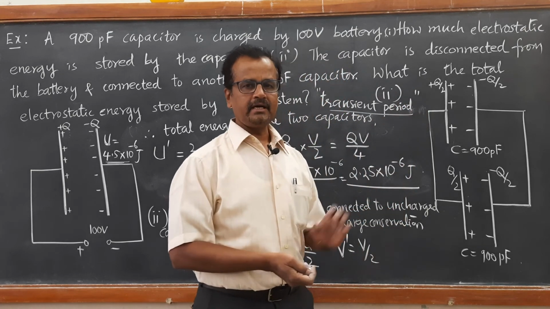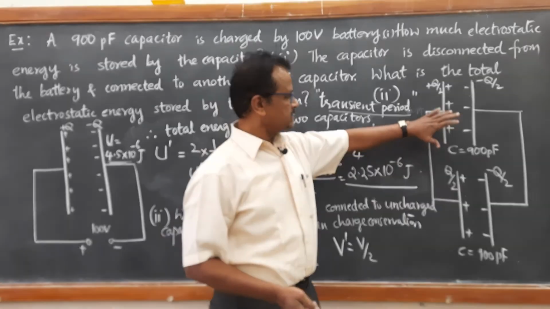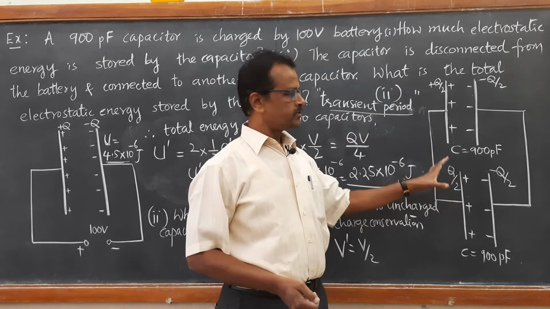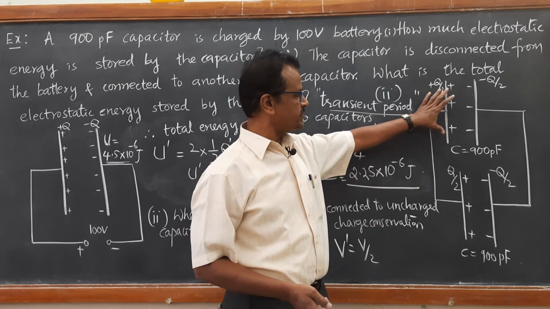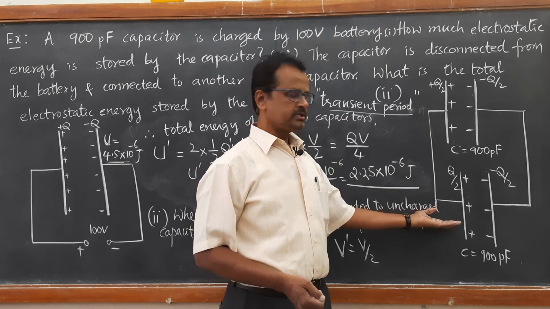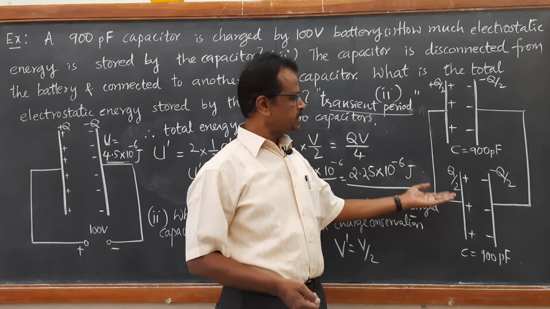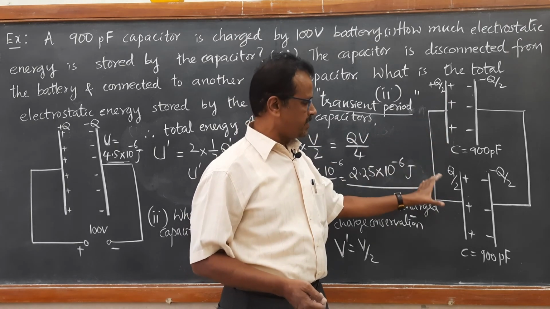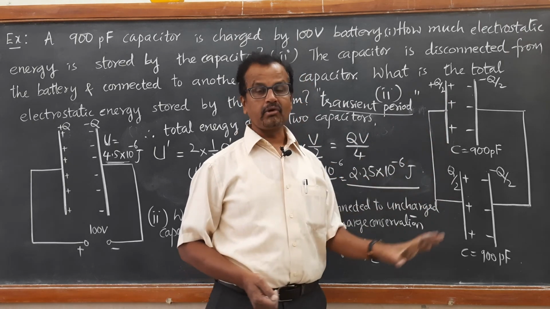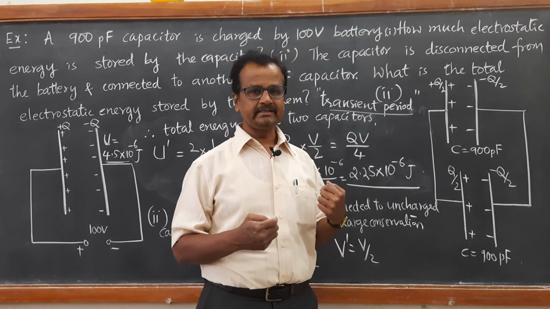It is the short duration for which the flow of charges takes place from a fully charged capacitor to an uncharged capacitor. The current developed during this transient period is called the transient current.